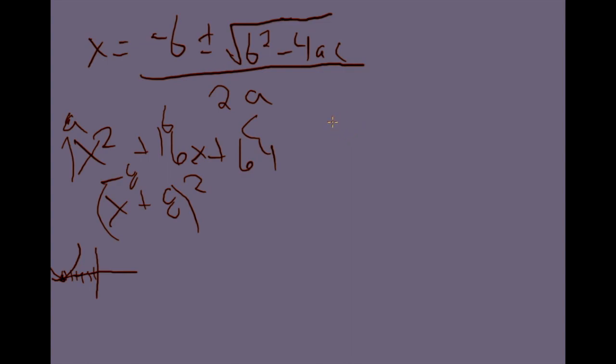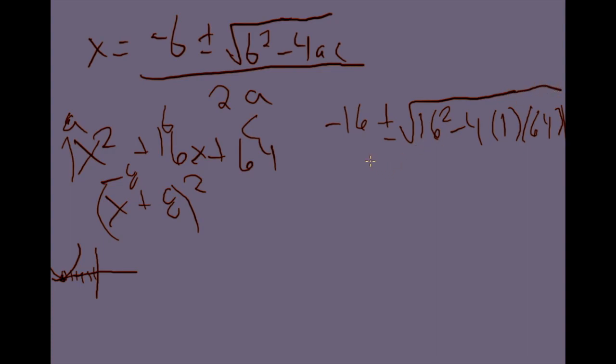We got negative 16 plus or minus the square root of 16 squared minus 4 times 1 times 64, and then all over 2a, which is 2 times 1, which equals 2.